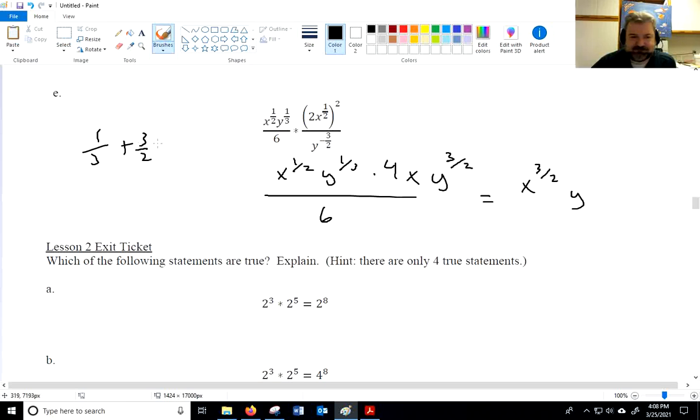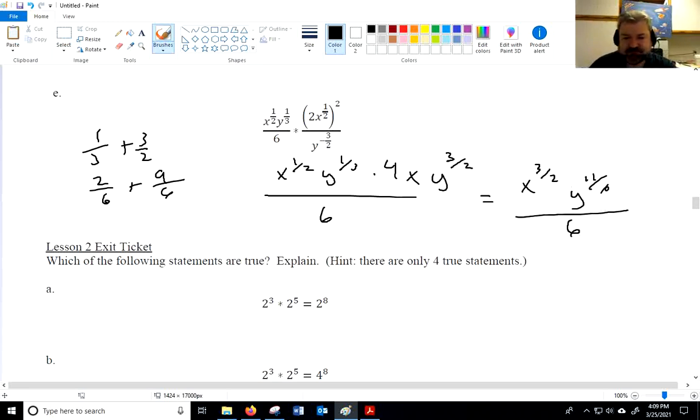Let's do that. So this becomes 2/6, and this becomes 9/6, so it's 11/6. 11/6, and on the denominator we have just a 6.